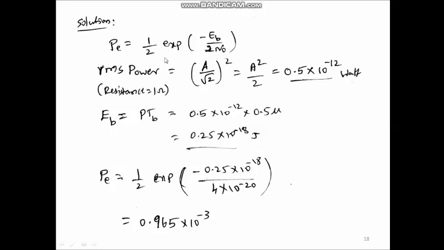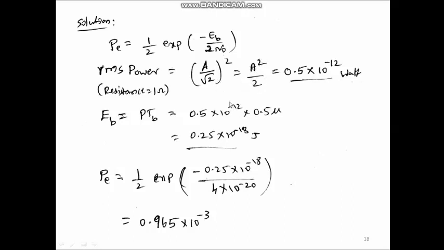Probability of error for non-coherent BFSK is an exponential function. So, Pe equal to half exponential minus Eb by 2 N naught. For RMS power, unit resistance is considered, R equal to 1. The general equation is power equal to voltage squared by R, V squared by R, but R is 1. Next, represent the amplitude in terms of RMS value, maximum value by root 2. So, A by root 2 squared, or A squared by 2.